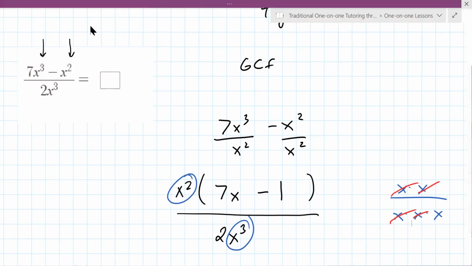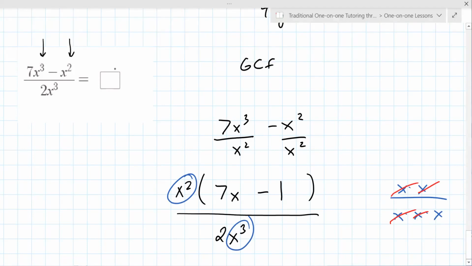So on the top, it was 7x minus 1. On the bottom, just the 2x. So it'd be 7x minus 1 over 2x? Yes. Okay.